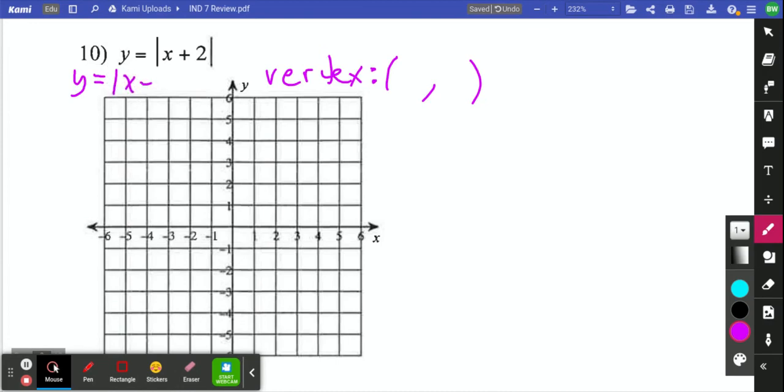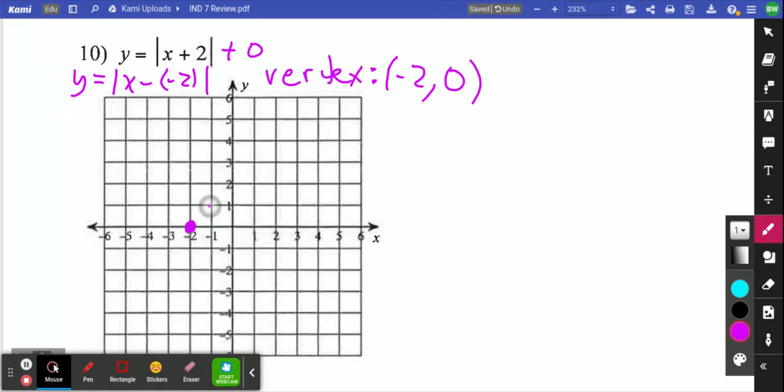You could write that as x minus -2. So -2 is the x-coordinate of our vertex. And because the general form has a minus sign in it, if you don't have a minus sign in yours, then you just use the negative of that instead. So -2, and we could write the +0 out here. The y-coordinate's 0.